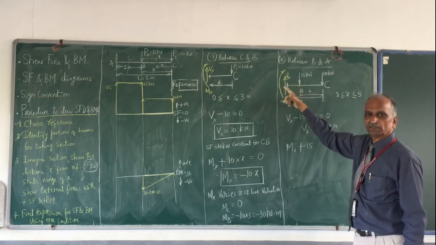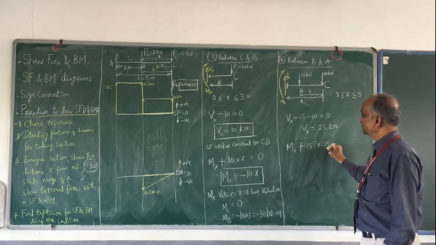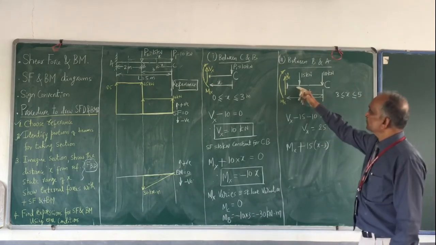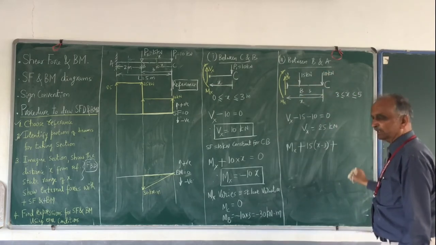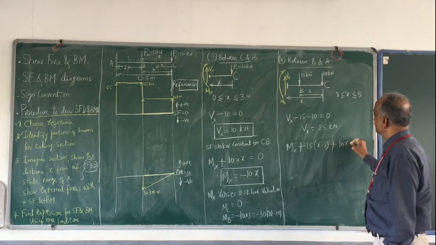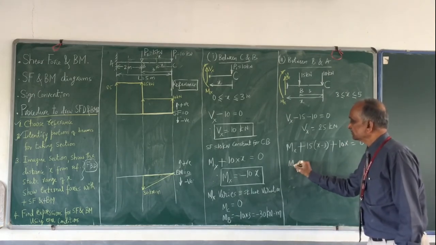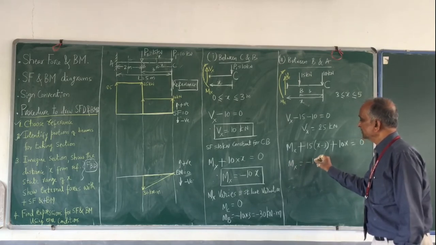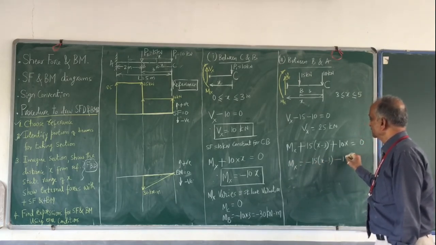And what is this distance? x minus 3. So 15 into x minus 3. And proceed further, you have 10, again positive, 10 into x equal to 0. Therefore, Mx is equal to minus 15 into x minus 3 minus 10x.